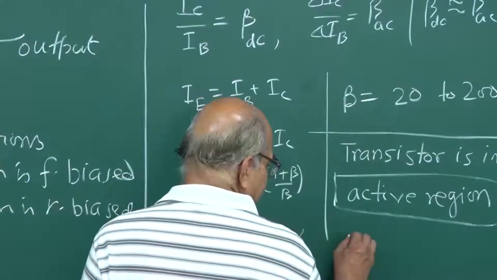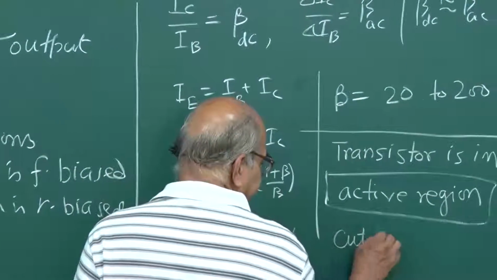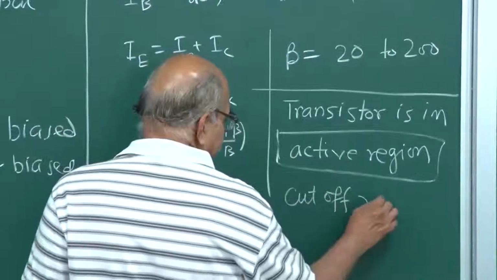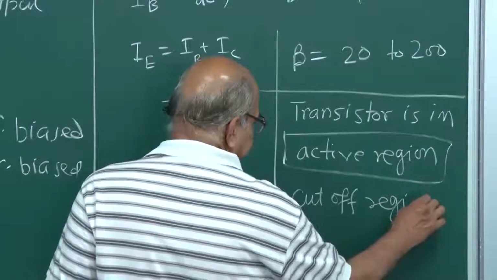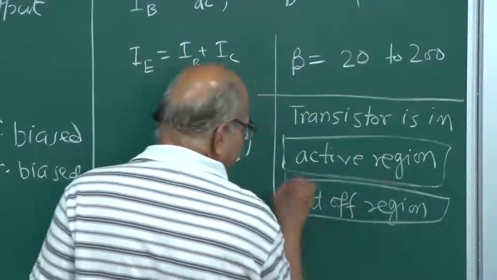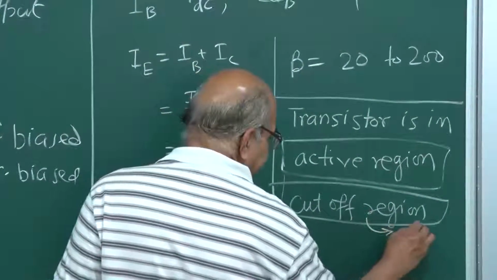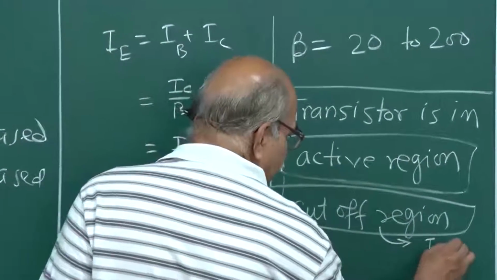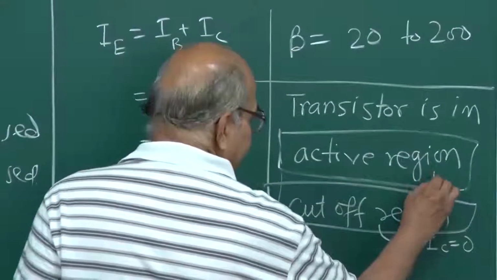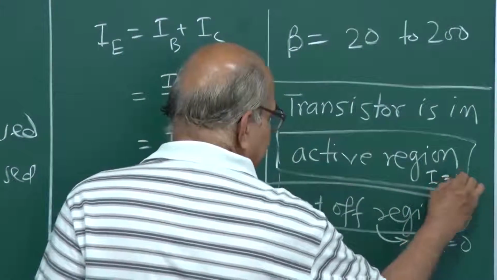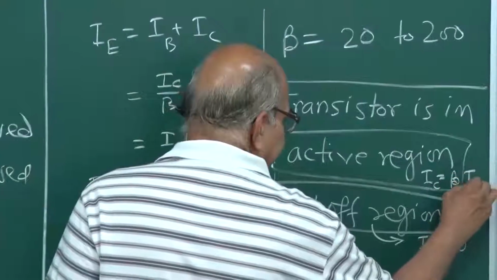This is known as cutoff region. Cutoff region means no current, IC is 0, whereas in the active region IC is beta times IB.